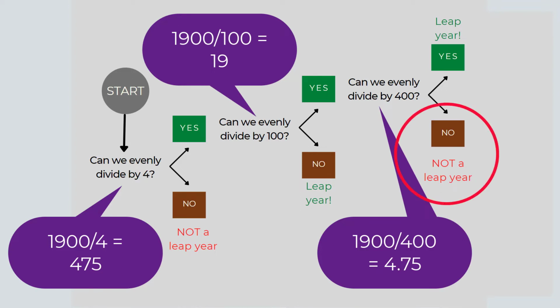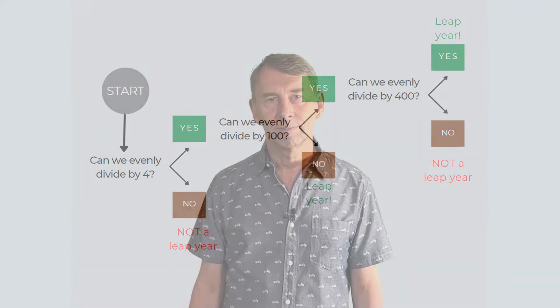So 1900 is not a leap year. Therefore, we find the accused, Microsoft, guilty of having a phantom day in Microsoft Excel, Wednesday the 29th of February 1900.